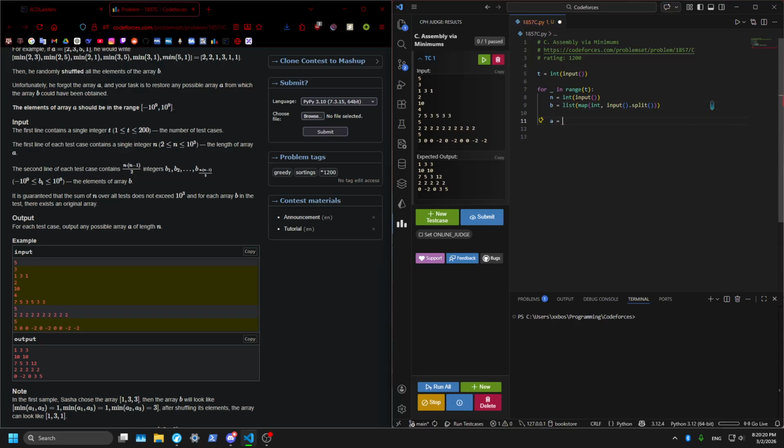A's length is n, and n times (n minus 1) divided by 2 is the length of B. So it's len B times 2 divided by... this makes it really strange, I feel like.